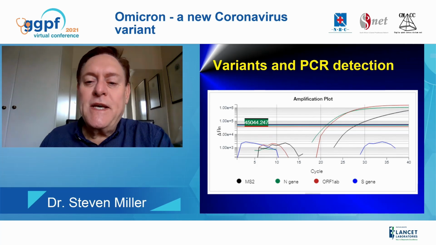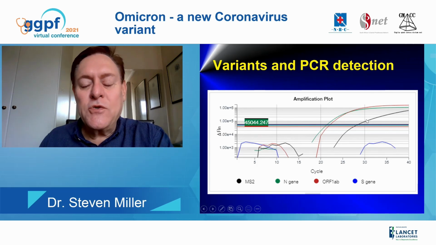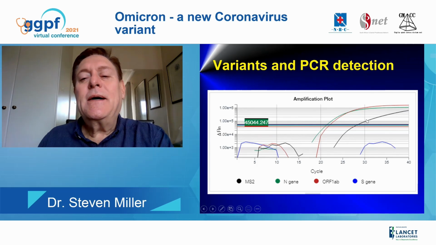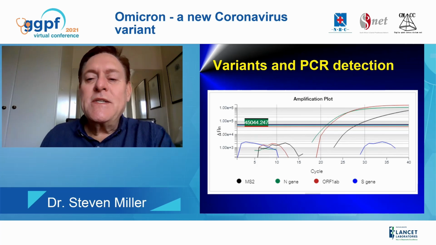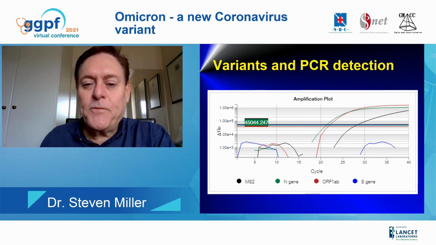So all PCR tests have a control in them. In this case, it is shown by this black line here. And we know from the shape of the curve and the way it's behaving that this is a true amplification. That control is present. And from the pattern that we see and the figures that are attached to it, we can tell that this test has worked.